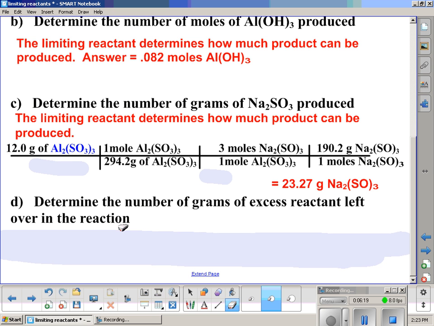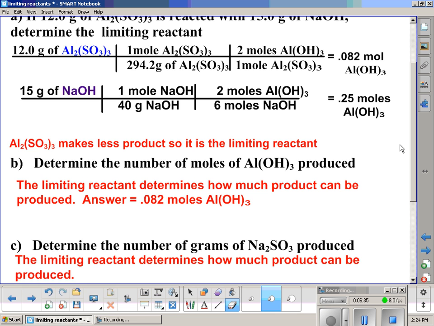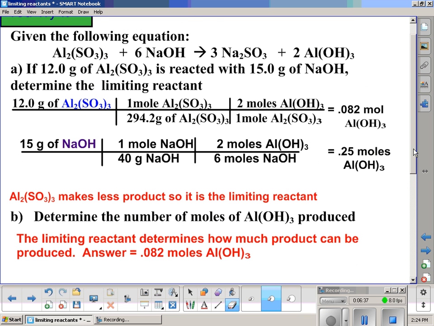Okay, now the way you do this is you take the amount of product that was made, and it doesn't matter if you use grams of sodium sulfate or moles of aluminum hydroxide. Either product, you've calculated both of them, moles of one, grams of the other.